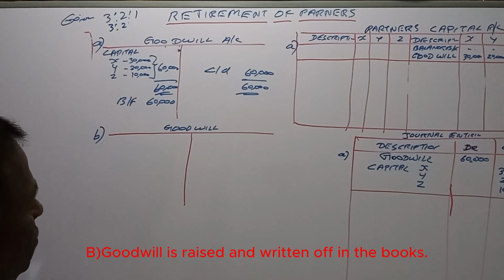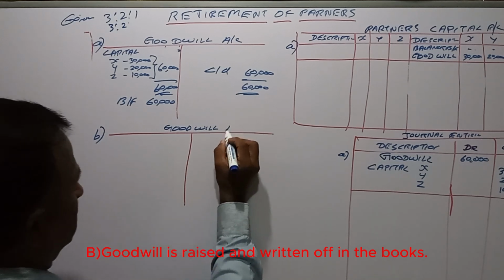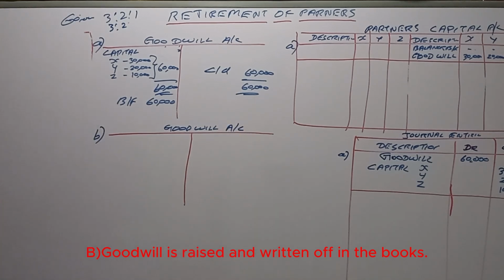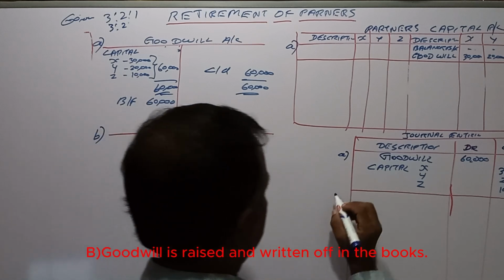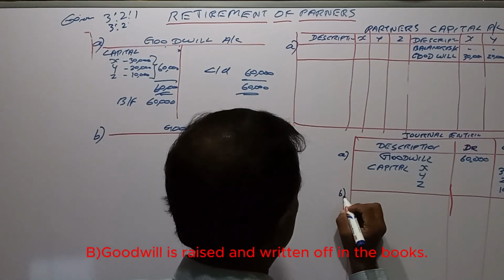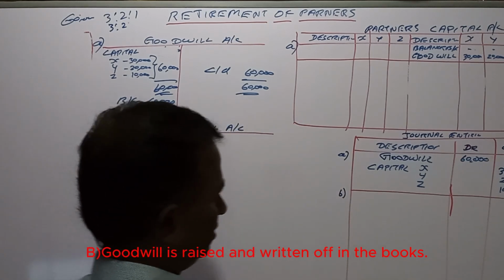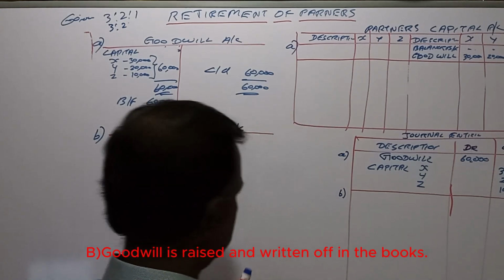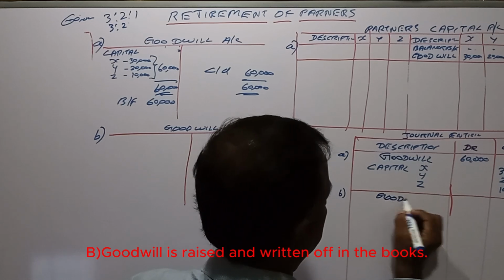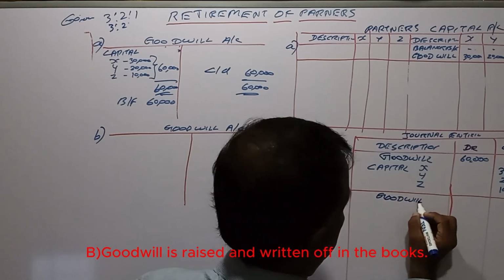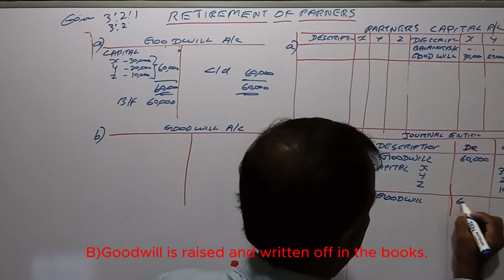You have to open a goodwill account. Right? Here you have to say what is the double entry? Creating a goodwill account. Goodwill account debit 60,000.